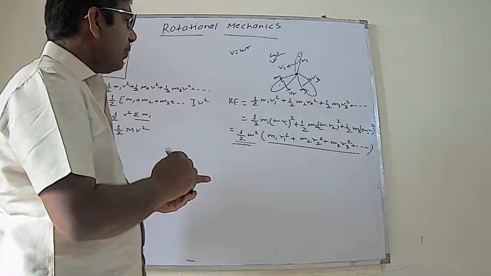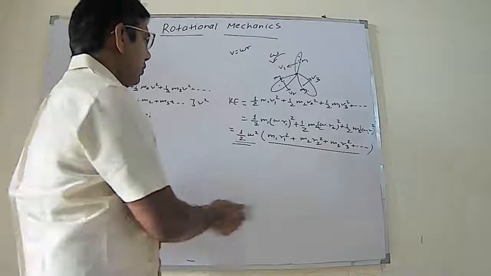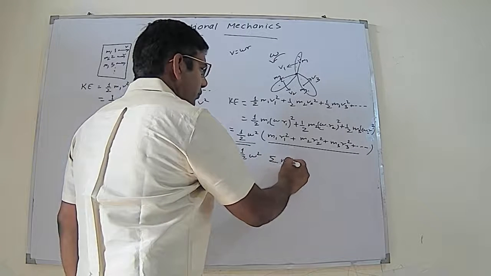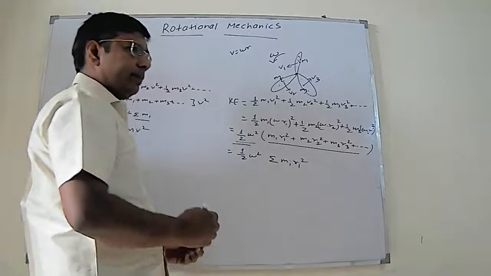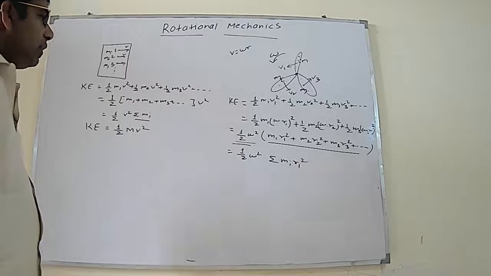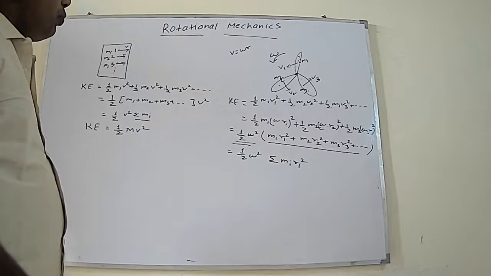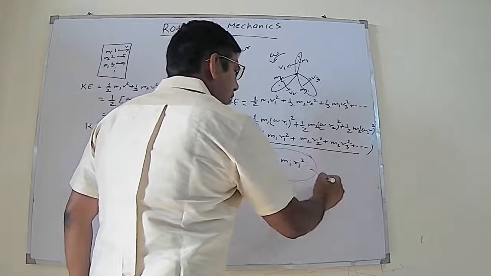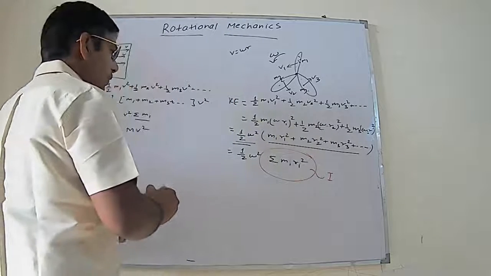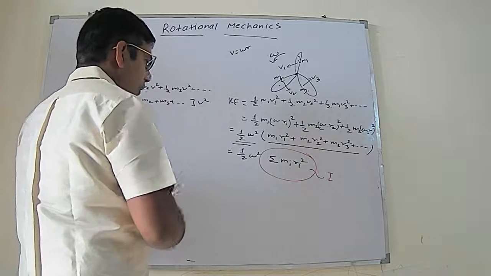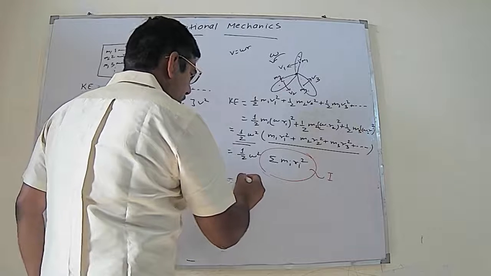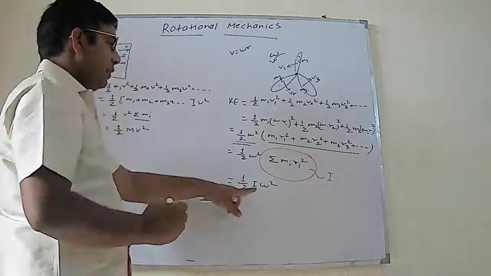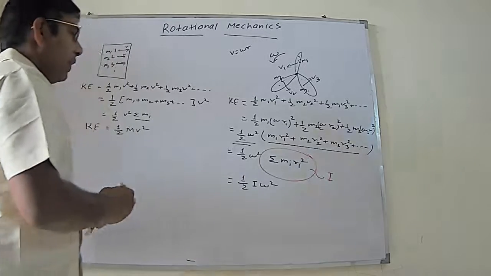So this is half omega square times the sum of mi ri square. This quantity we define as the moment of inertia, which we call I. So this is half I omega square. This we will call moment of inertia.